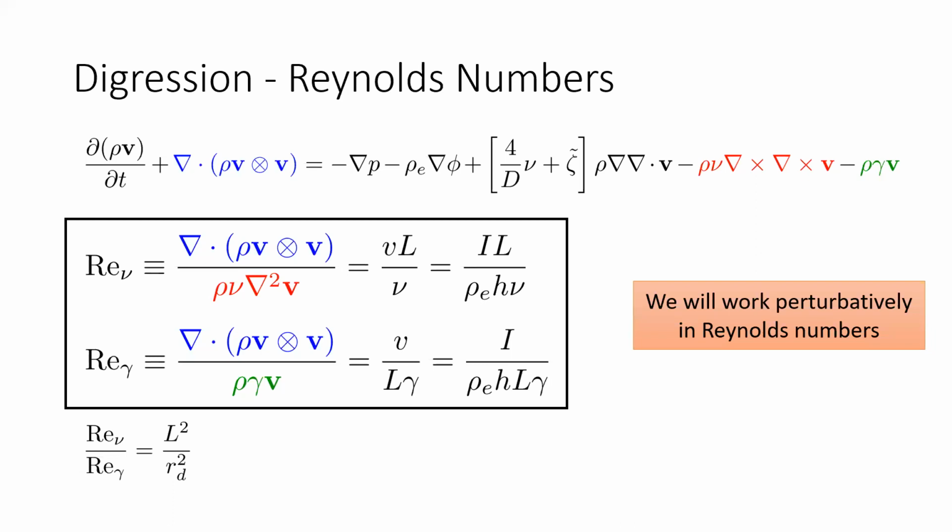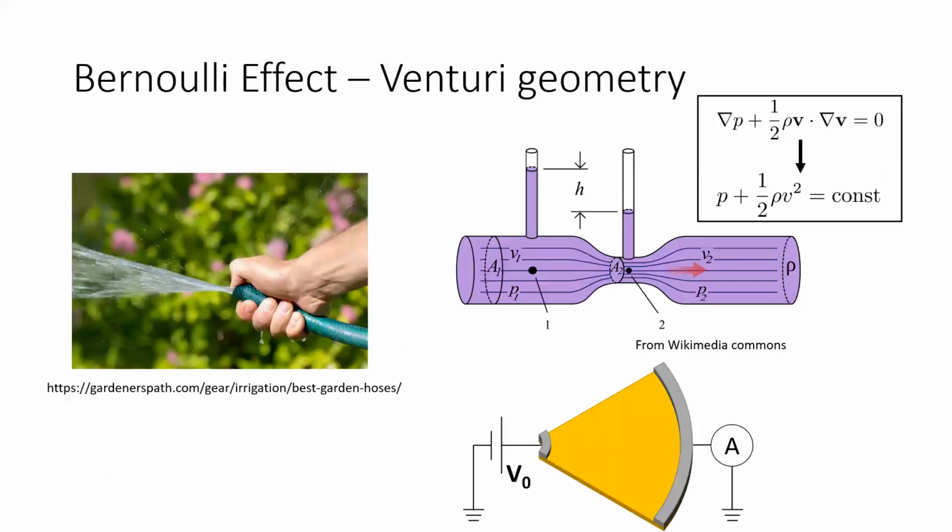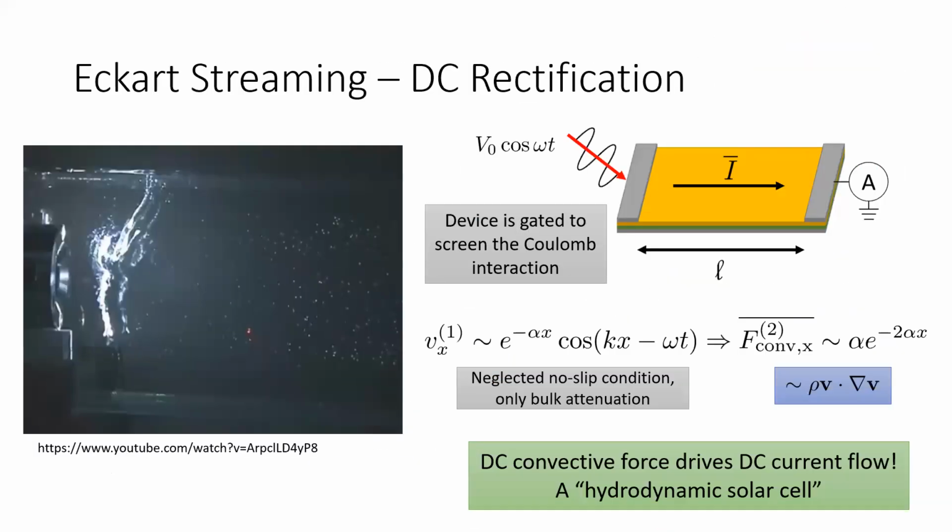For instance, this Eckart streaming setting, it would affect the first order solution, and you'd have geometric type corrections, but I guess the general character of generating some DC current would still persist. Is that what you're asking? Yes. Okay.